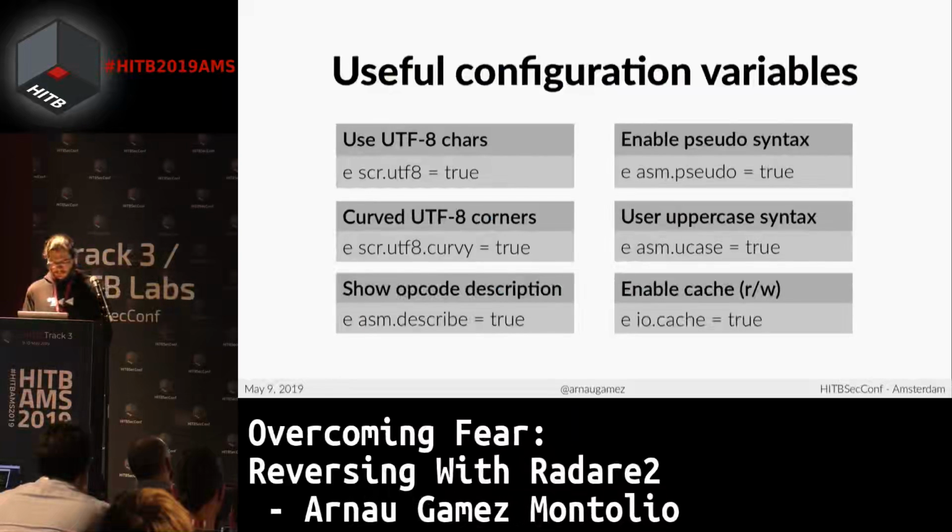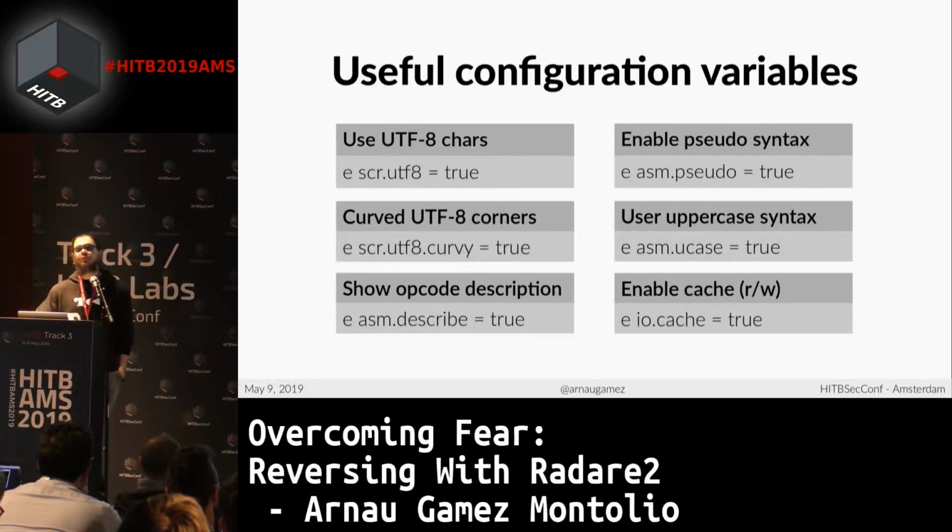Okay. And then there is that other trick that I mentioned before, which is the IO cache. This lets us write into the binary that is loaded into memory, without modifying the actual file on the hard disk.